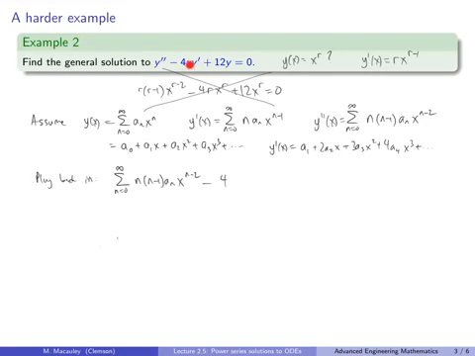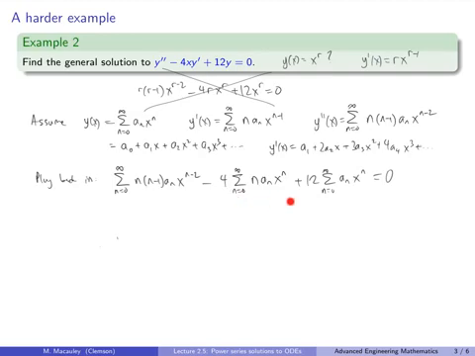And I'm going to take this x and stick it in here, so this n-1 becomes an n. So this is 4 times the sum from 0 to infinity of n a_n x^n. Notice the n, not the n-1, because of this x here. And then plus 12y. So plus 12 times the sum from 0 to infinity of a_n x^n. Okay, so now what can we do?